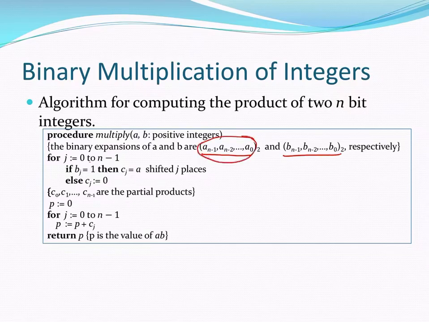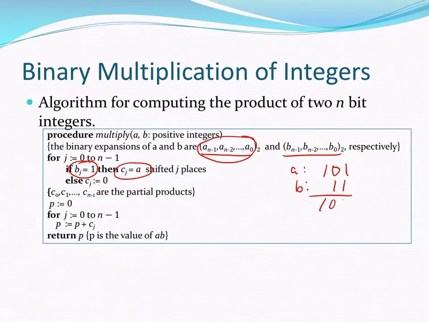a, and for every b sub j, we're going to create a new number c sub j that's a shifted j places, if b sub j is a 1. Otherwise, it'll just be a 0. So if you have 101 times 11, this was a, this is b.